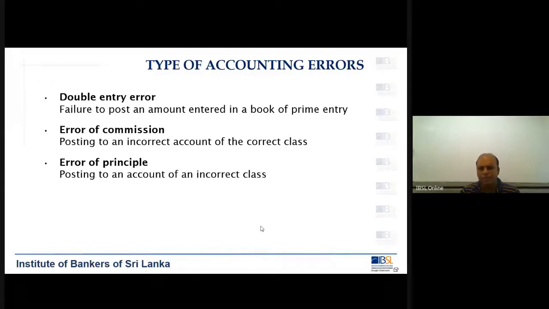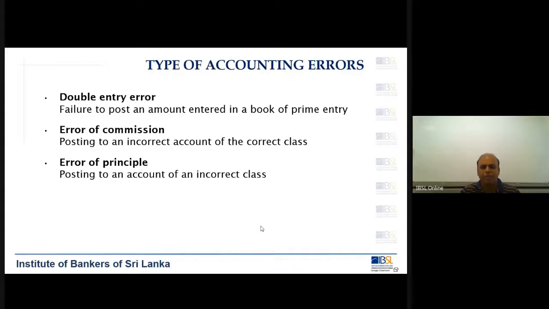It's a fixed asset. But at the time of posting this transaction, you go and post it to the expenditure account instead of the asset account. That is posting to an account of an incorrect class.